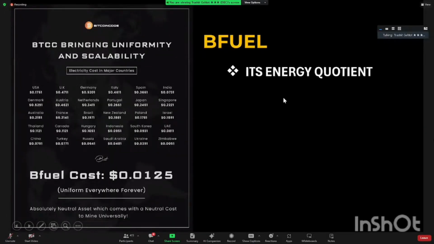Now, physical mining of Bitcoin, the mother of all cryptocurrencies, is different across the globe. Like in the USA, the cost of electricity is almost $0.17. In India, it's $0.07. In Zimbabwe, it's $0.0051. So anybody who is mining in Zimbabwe, the cost of mining will be less for him because the cost of electricity is less.